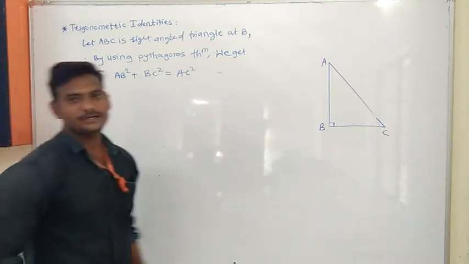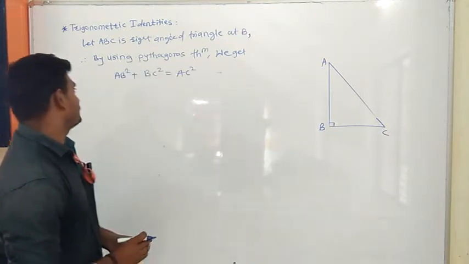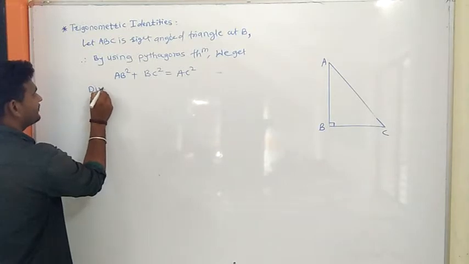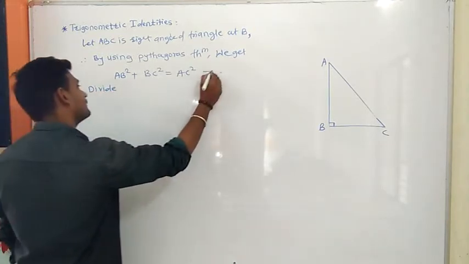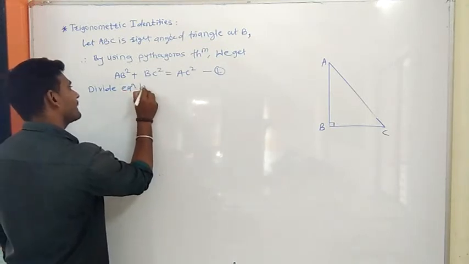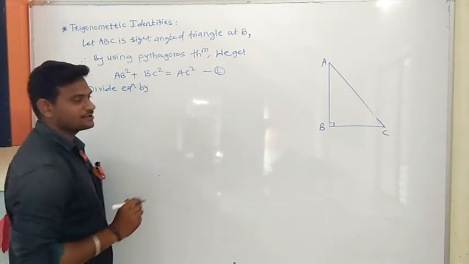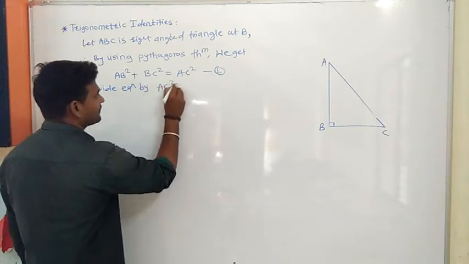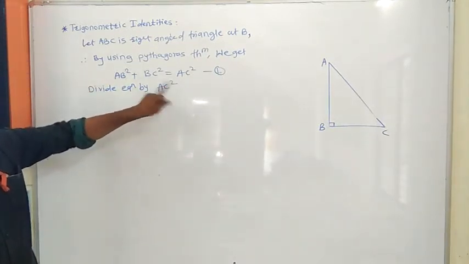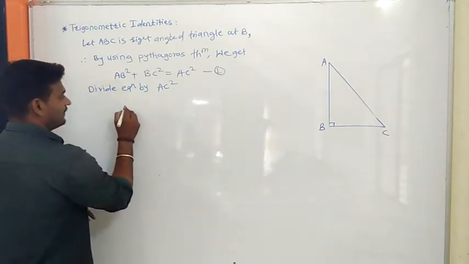Hypotenuse square is equal to the sum of the two side squares. Mark it as equation number 1. Now divide equation 1 by AC square. We have to divide the entire equation 1 by AC square. Let us see what will happen.